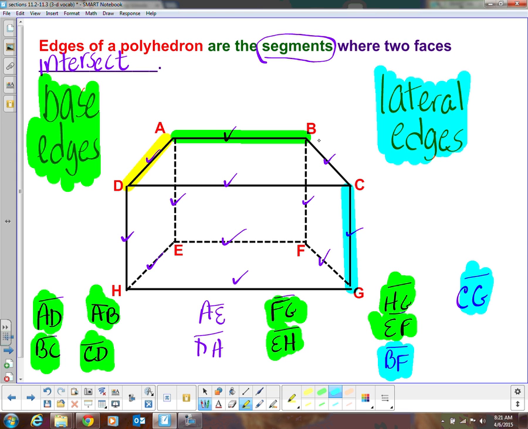AE. BC involves the base, so BC is not. But AE is the back and the side, so AE is one. DH happens to be the front and that left side, so it's a lateral edge. A lateral edge is where two faces intersect. A base edge is where a lateral face and a base intersect.